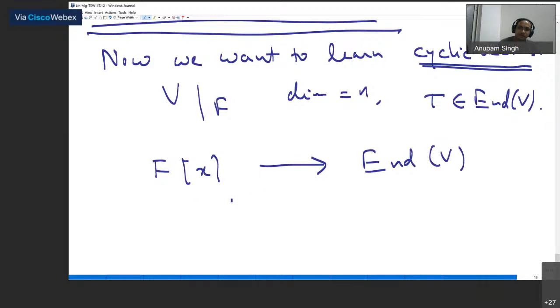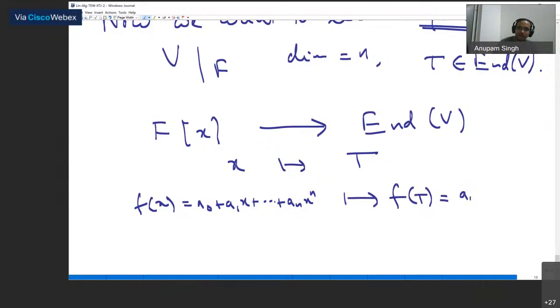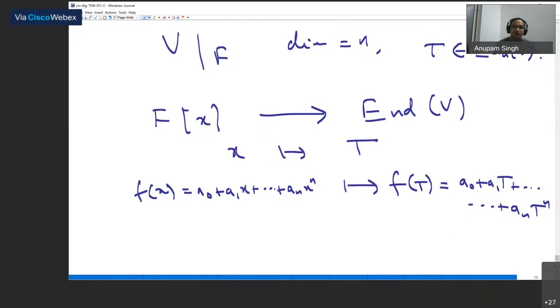How do I define it? This will be defined by sending x to T. Which, if I want to write more explicitly, then some polynomial f(x), which is, let's say, a0 plus a1 x plus so on plus an x to the power n, I will send this to f(T), which is a0 plus a1 T plus so on plus an T to the power n, right?